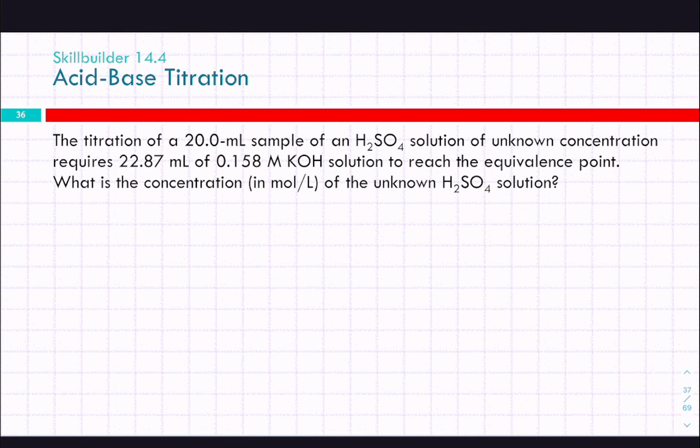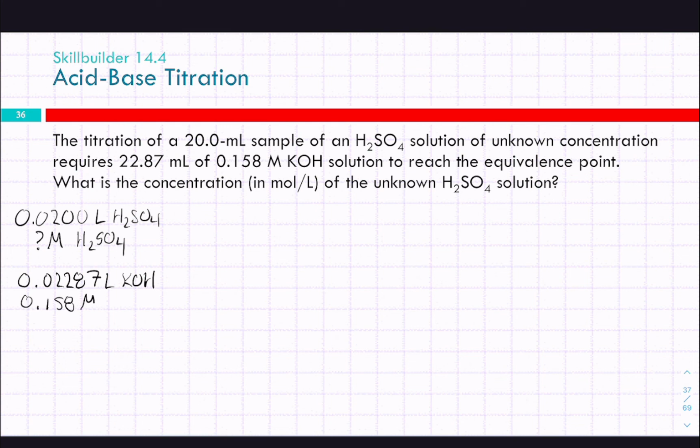I'm going to do these conversions to liters up front. So this is 0.0200 liters H2SO4, unknown concentration H2SO4, 0.02287 liters of potassium hydroxide, the concentration of 0.158 molar potassium hydroxide.